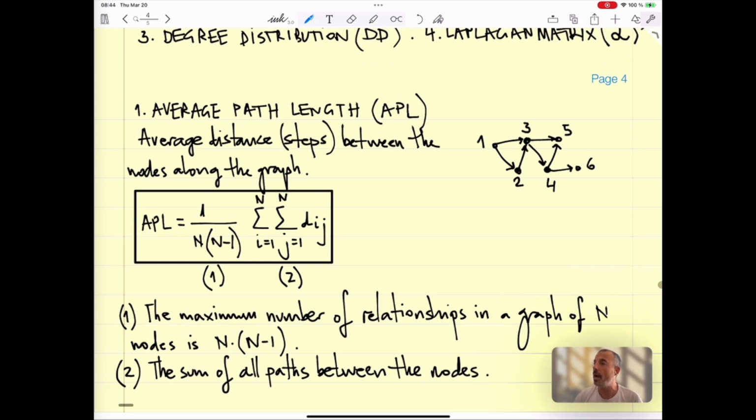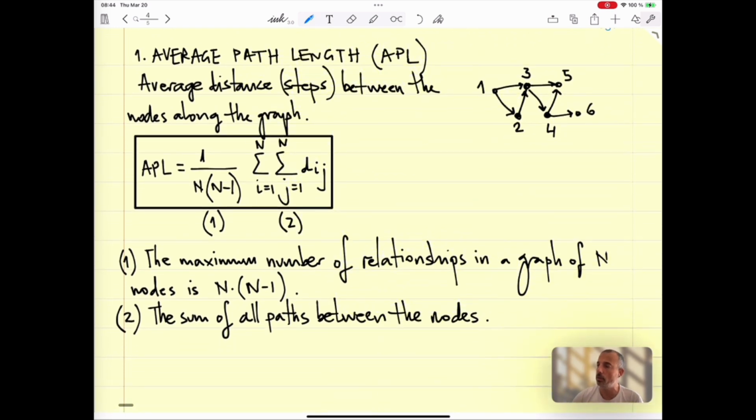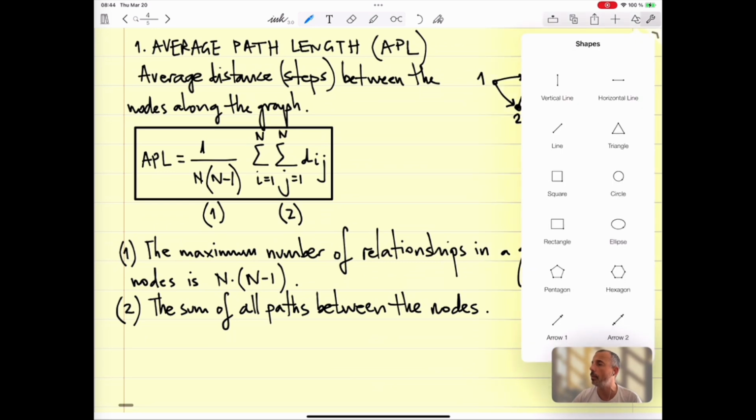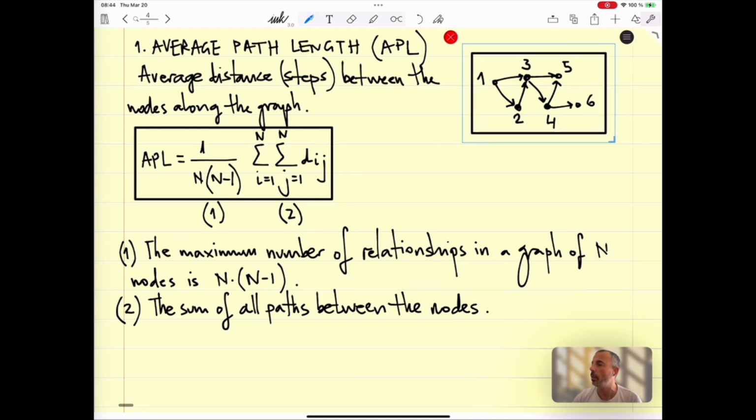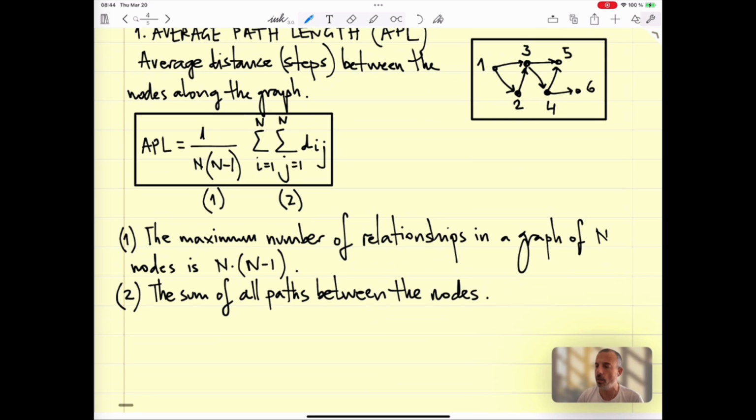So we are dividing the number of paths between the nodes by the maximum possible number of relationships. That's why we have an average, okay? In our example, you see the graph above. Let's calculate the average path length. Please look at the image. Do not write right now, okay? Look at the image. You can write later. I will do it very slowly.